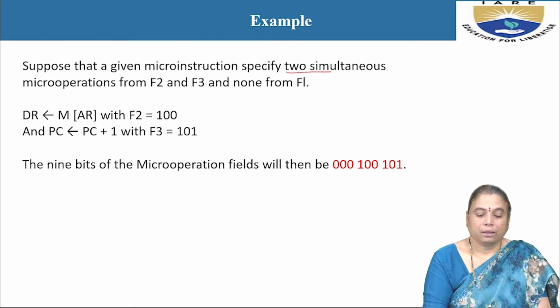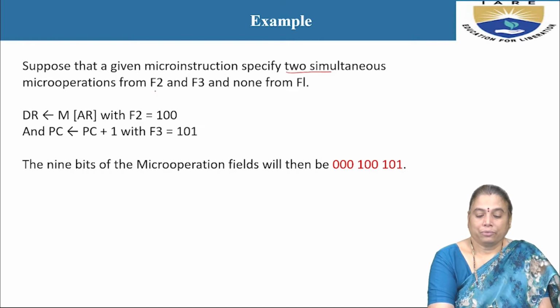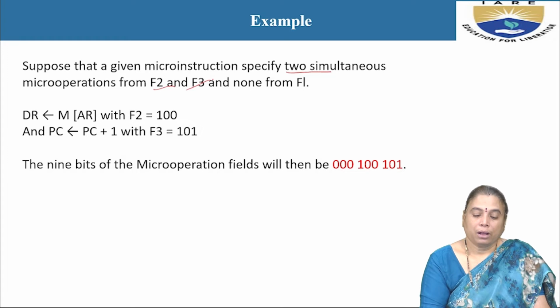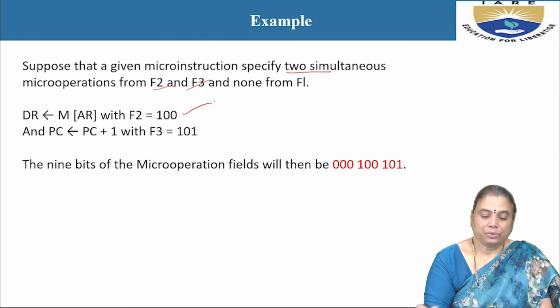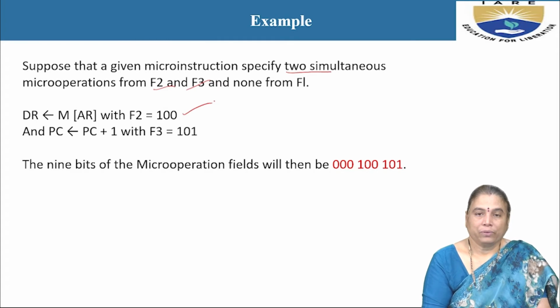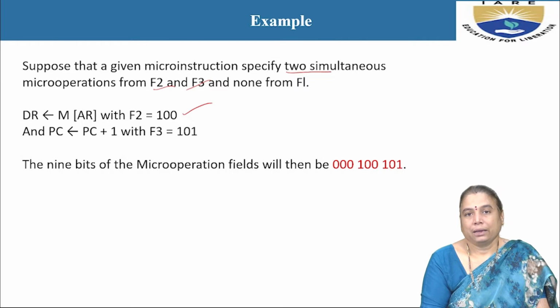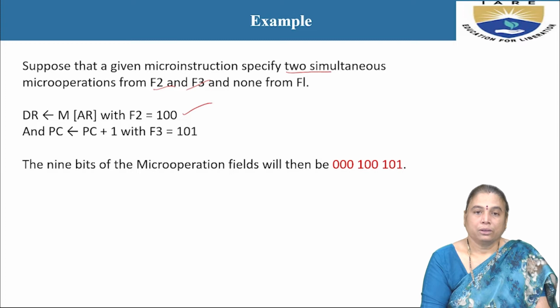So here F2 and F3 are specifying the 2 simultaneous operations, but F1 is no operation. Here F2 is 100, and it is moving the memory content specified by the AR register to the DR register. So here a memory read operation is performed with the F2 value 100.